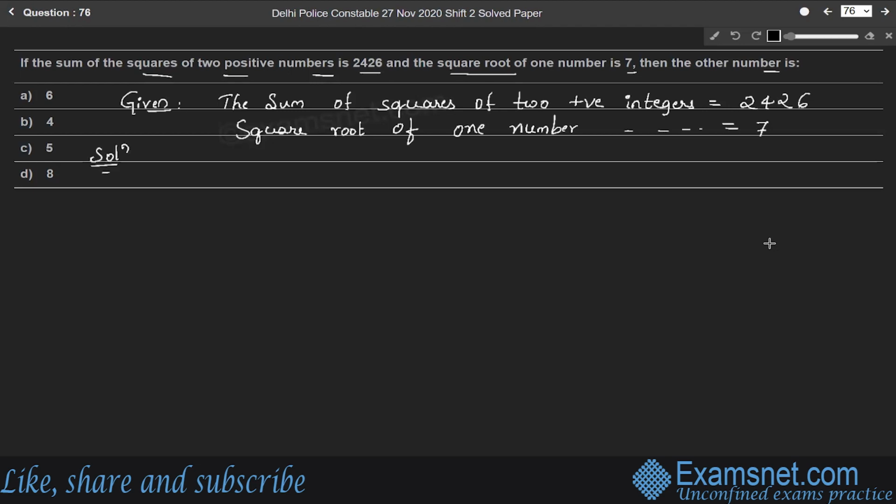So, the solution is, let the two numbers be x and y.